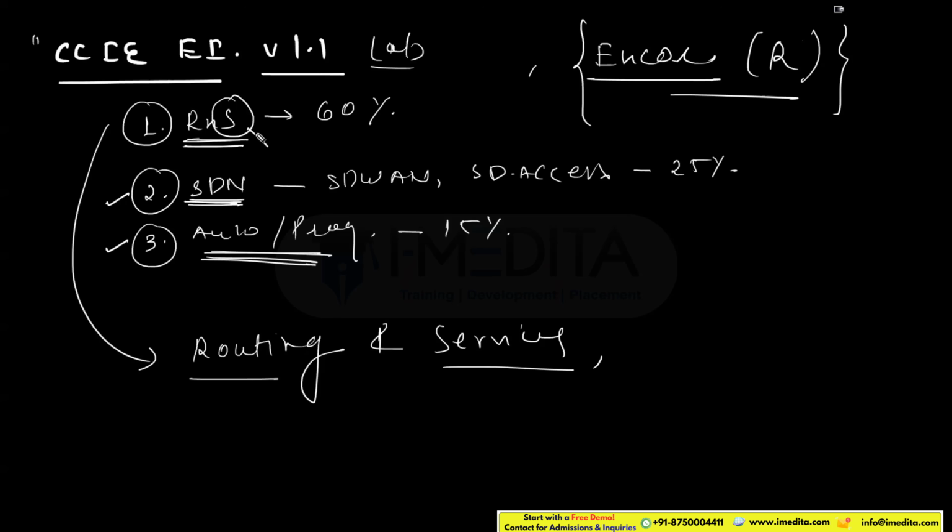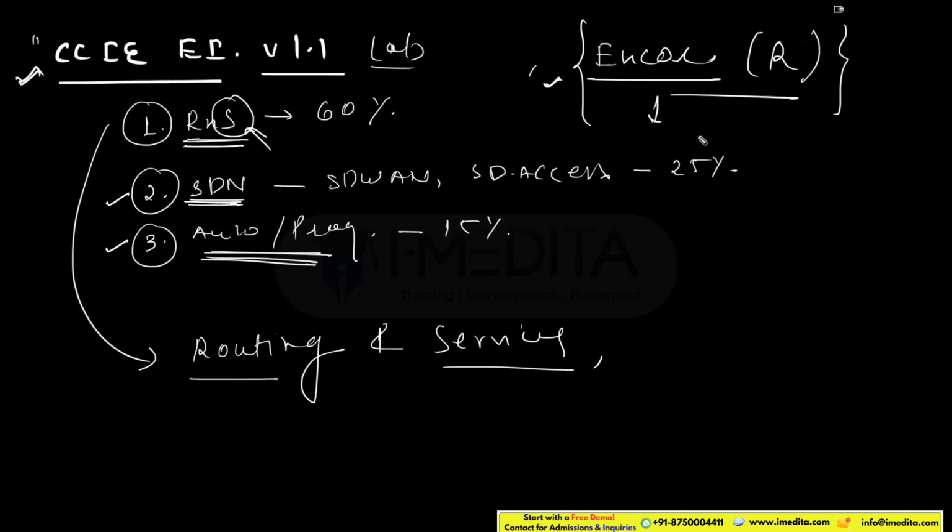Same when we talk about switching, we will complete the switching section from the Enterprise Infrastructure and the NCORE exam, so that you don't require any additional classes for switching afterwards. So our content is going to focus on the topics of both the CCIE Enterprise Infrastructure lab exam and the NCORE exam.